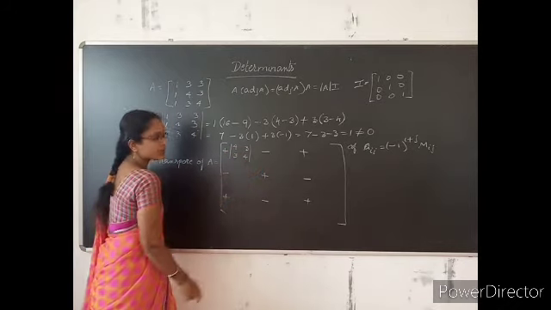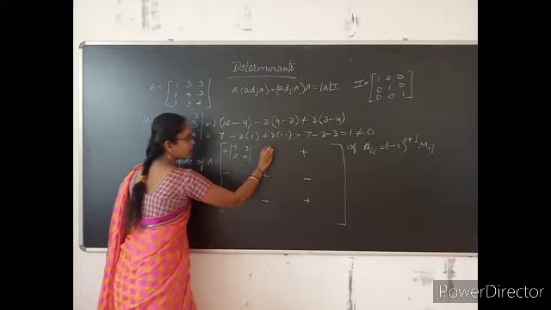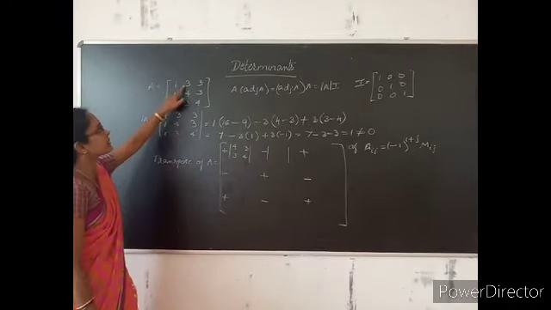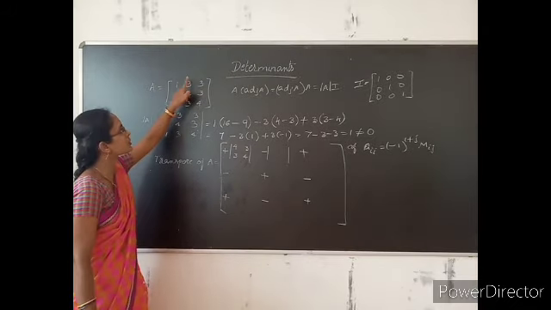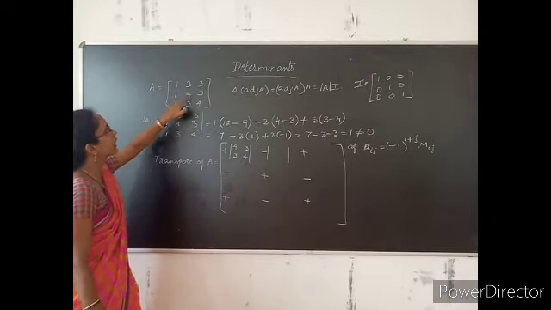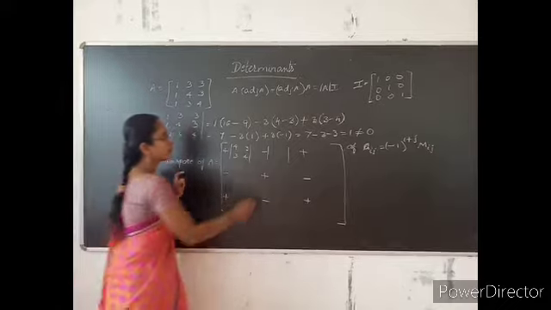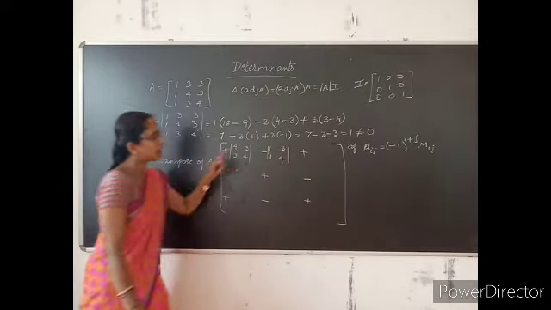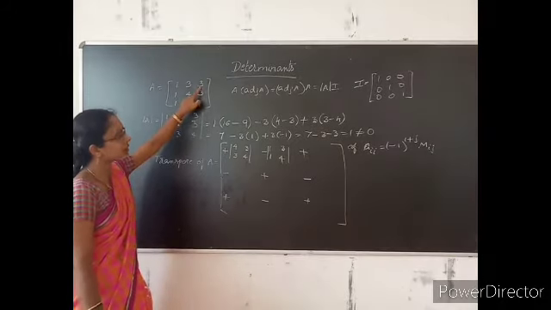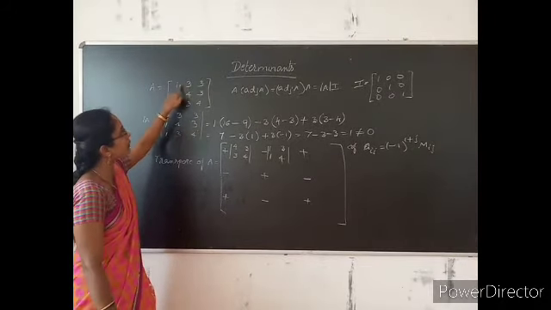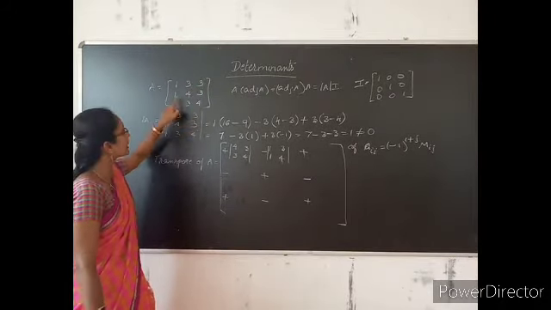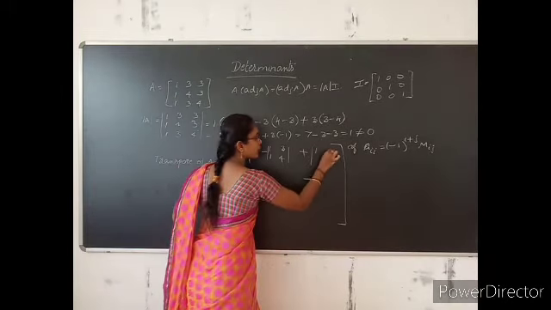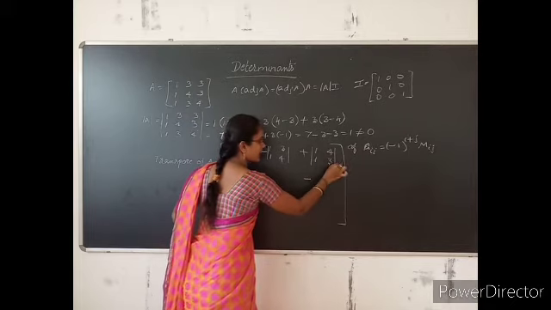The next one, the minor of the element 3: deleting the first row and second column, you get 1, 3, 1, 4. And the last one, deleting the first row and third column, you get the determinant of 1, 4, 1, 3.